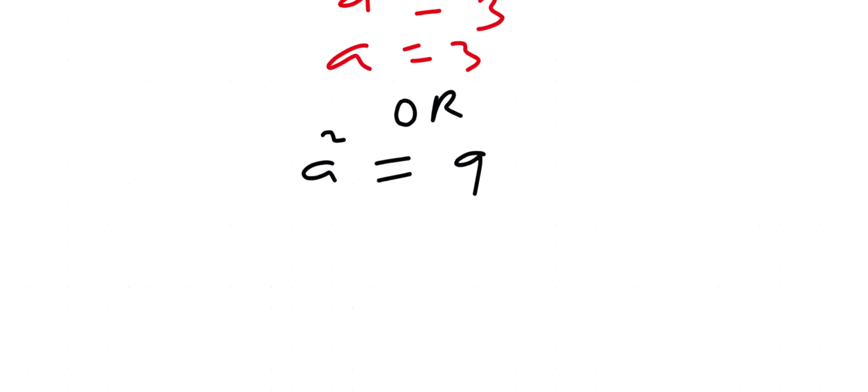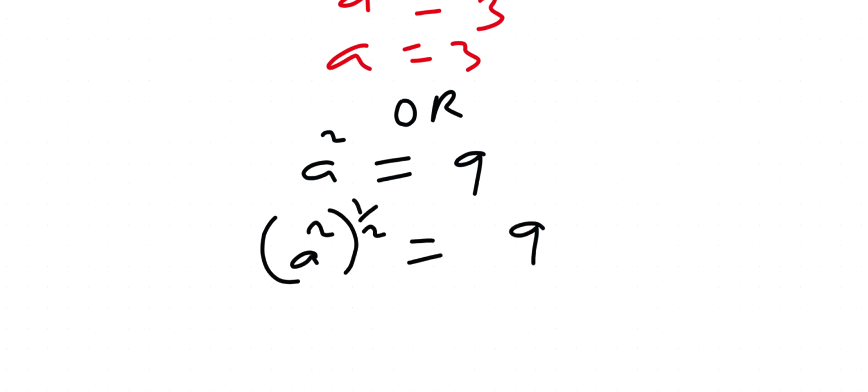So you can have a raised to power 2 multiplied by the reciprocal of 2, which is half, equals the power of 9, here is 1, multiplied by half. So the 2 here will cancel, you have a raised to power 1, which is a, equals 9 raised to power half.